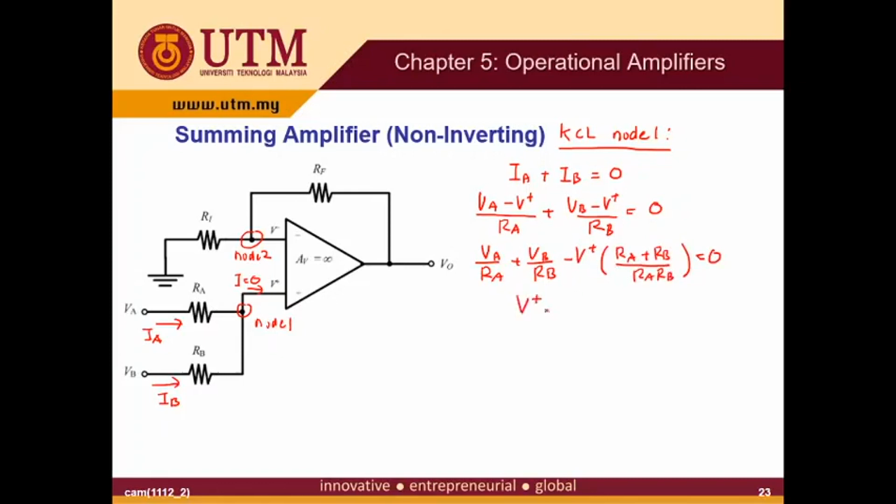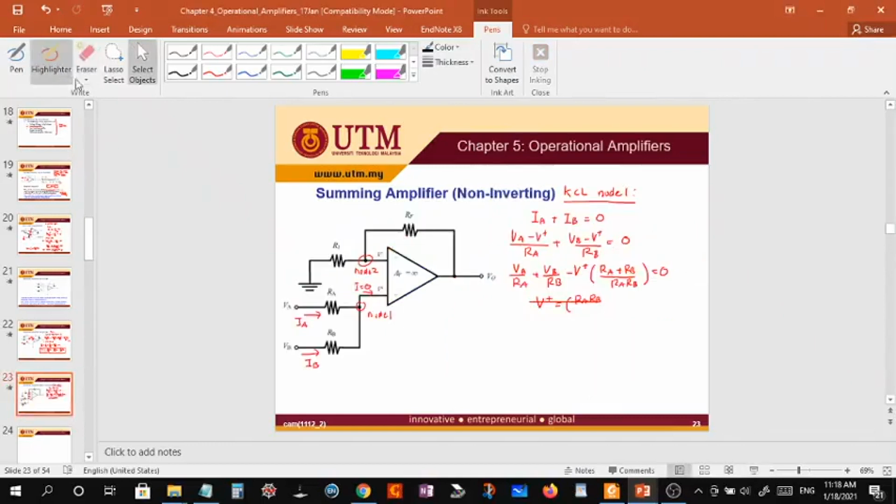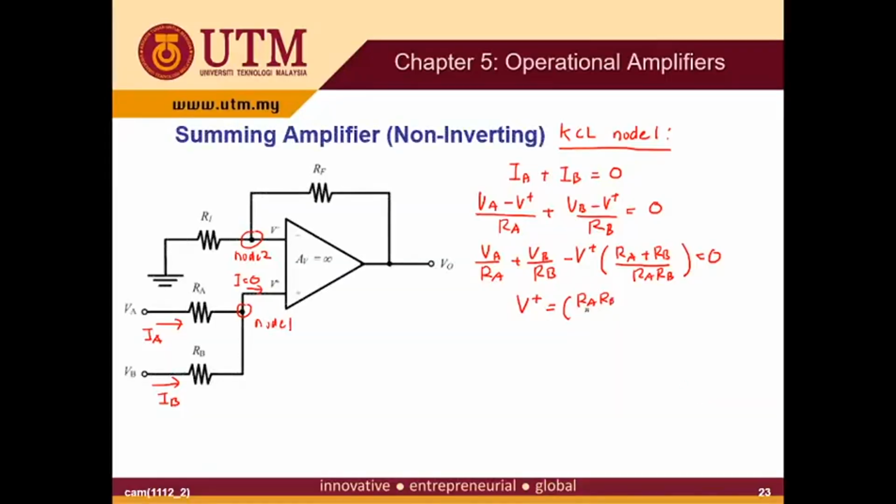You get V plus is equal to RA RB over (RA plus RB), times (VA/RA plus VB/RB). So you have defined the V plus here.